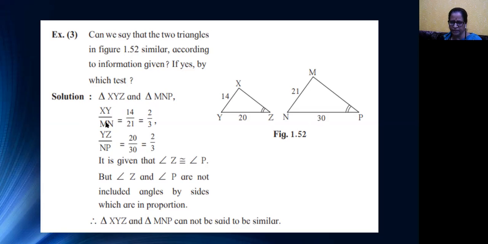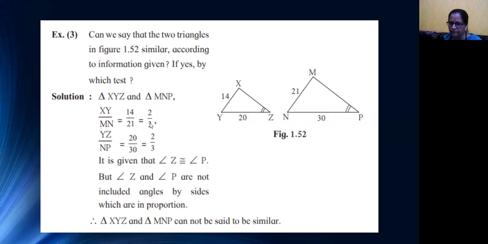XY divided by MN is 14 divided by 21, which gives 2:3. And YZ divided by NP is 20 divided by 30, which also gives 2:3.